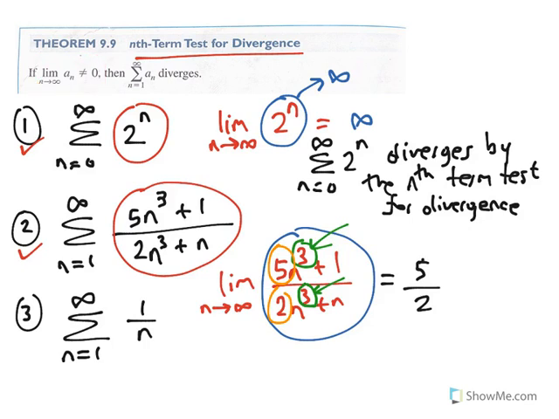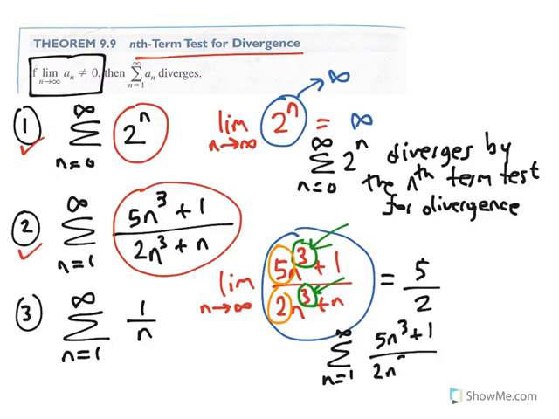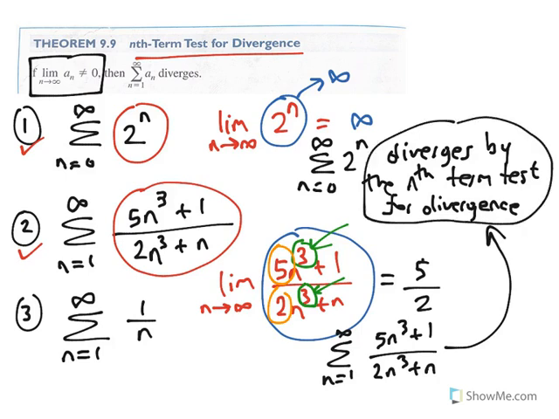And the nth term test for divergence states that if the limit of the nth term as n approaches infinity is not equal to 0, then the series diverges. So we're going to conclude that our series for number 2 diverges by the nth term test for divergence.